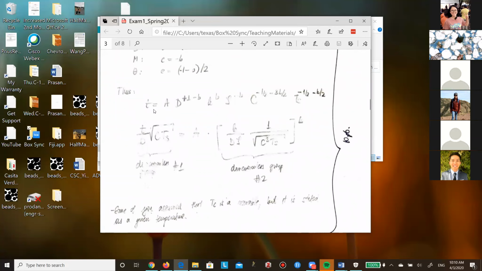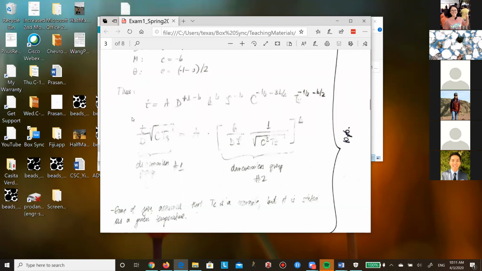I have here time is a to the, so basically where I don't have the dependence, so this is d to 1 minus b, this in itself does not depend on b, so I can pack that on the left-hand side together with time.